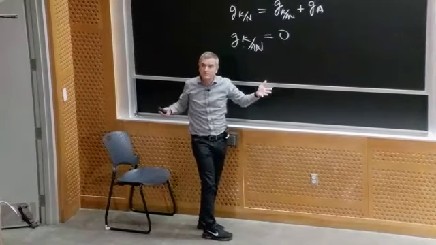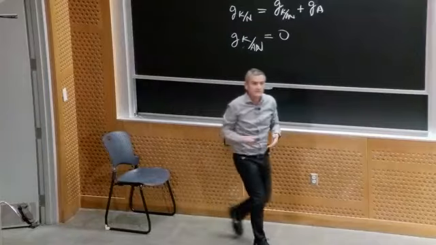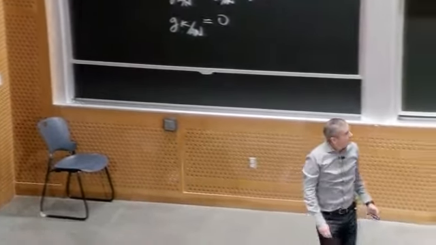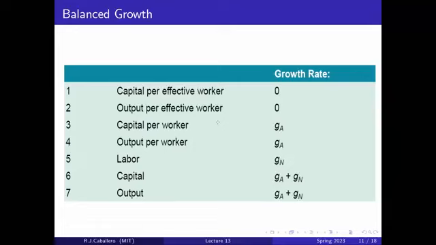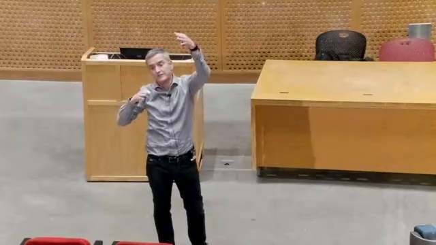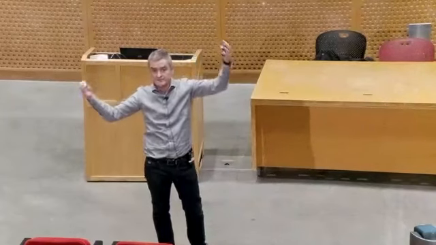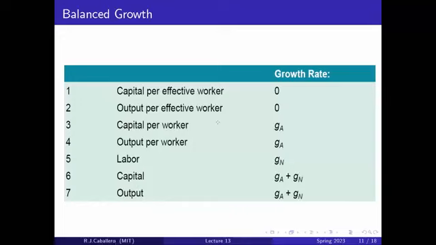Otherwise, I wouldn't be able to maintain that ratio constant. And the same logic applies to output per worker, because in that steady state, output per effective worker is constant. But A is growing. So output per worker must be growing at the same rate as A is growing, and that's GA. Okay, good.